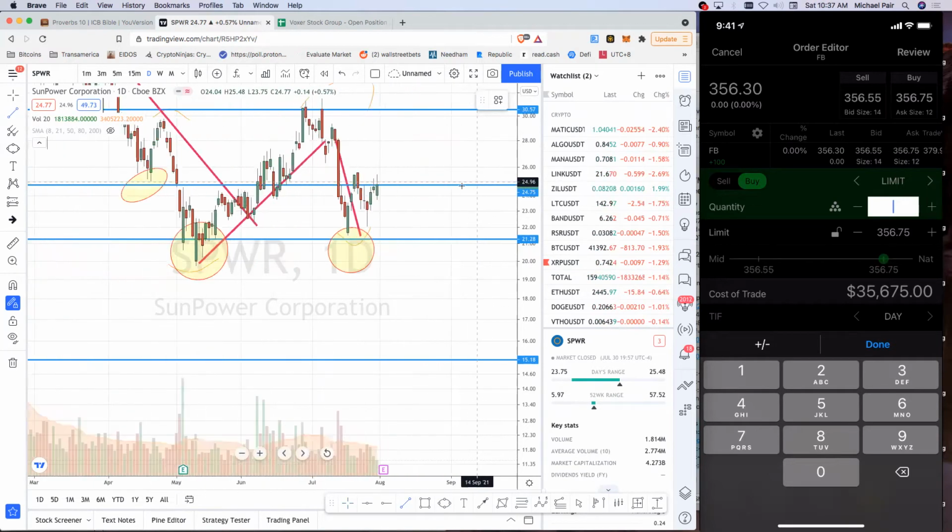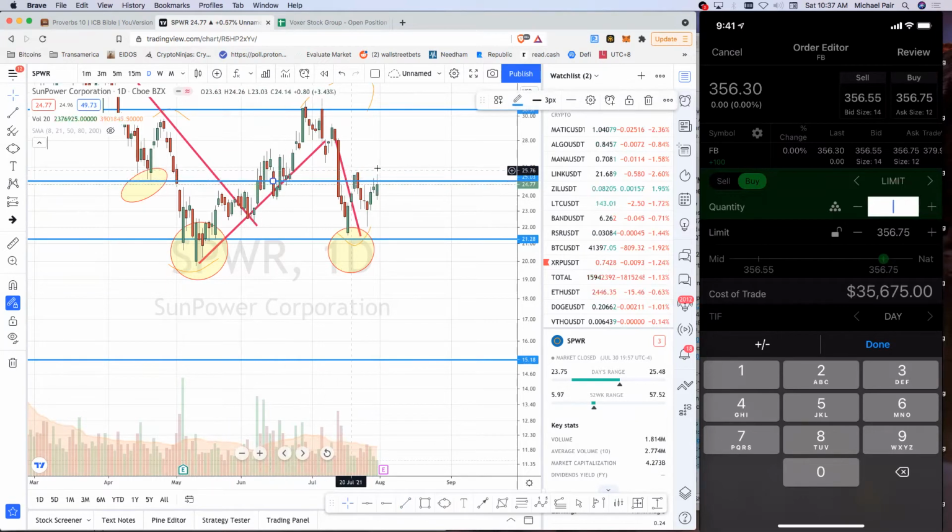So if this serves as resistance, I'm going to move it up just a little bit more for the sake of this. If that's truly resistance because it has prior points, then what would you say now? Would your answer change? Resistance.